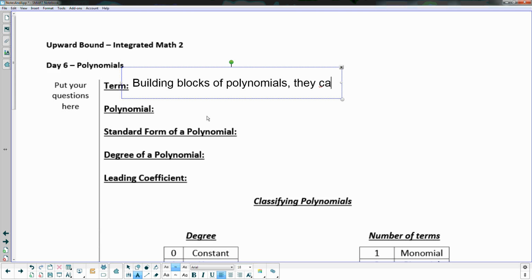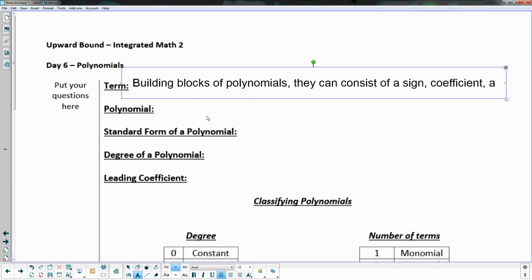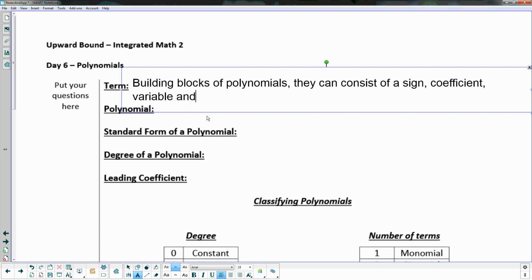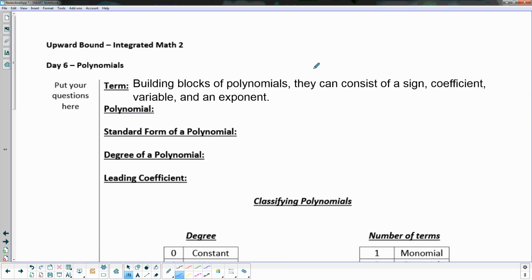They can consist of a sign, a coefficient, a variable, and an exponent on the variable. So if we were talking about terms, a single term might be something like, let's say, negative 4x to the third power. Okay, that would be a term.